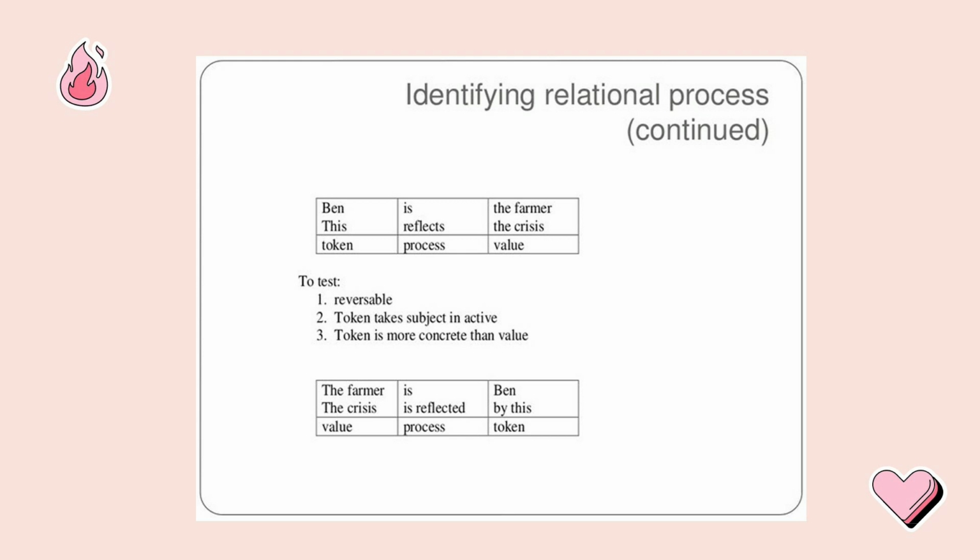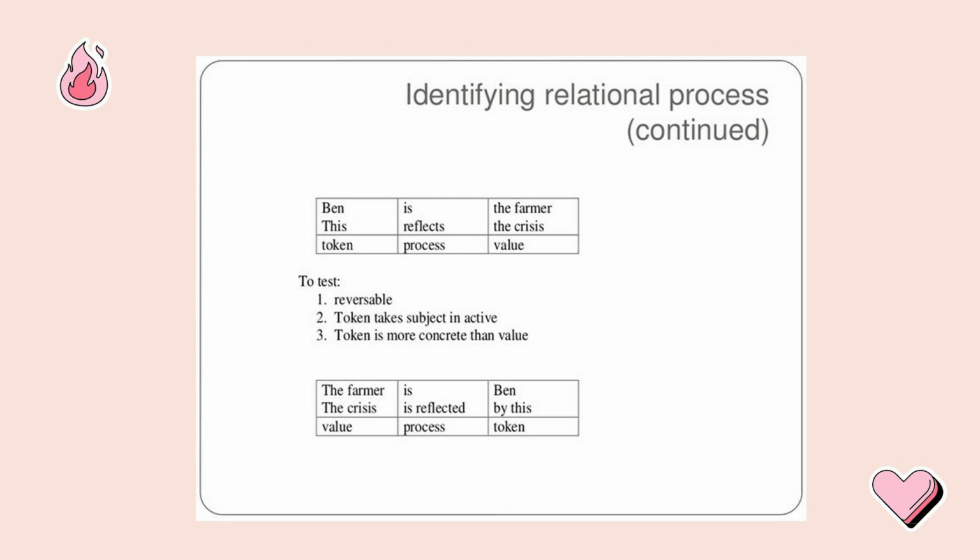Okay, now look at the second table. It is the example if the value is in front of the process and token. The first example is "The farmer is Ben." The farmer here is a value, is is the process, and Ben is a token.